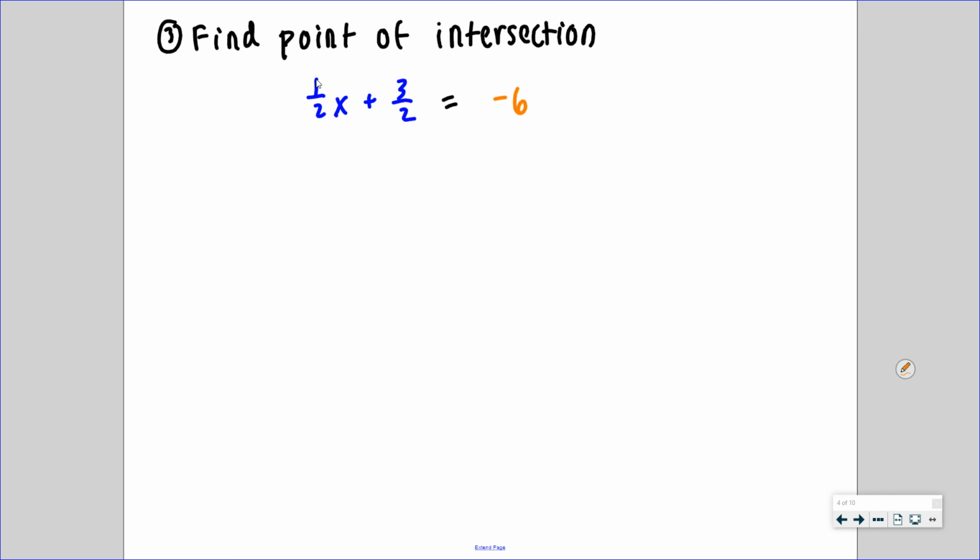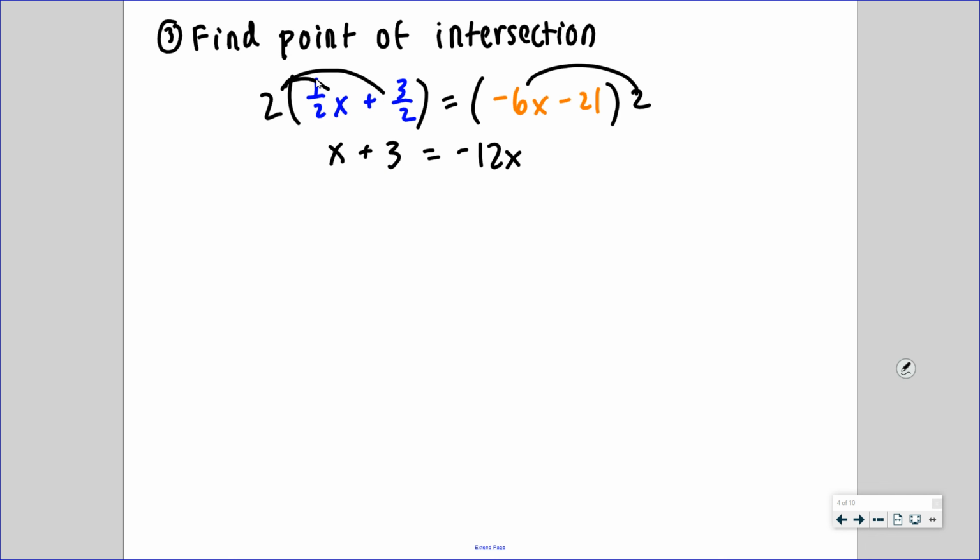All right, here's my other altitude, the orange one. Now I gotta find where this is where it gives me a little bit of the feels of those other problems we were doing. I'm probably gonna double both sides to get rid of those fractions. You don't have to if you don't want to, but just remember you gotta double everything if you do that. So that'd become x, that'd become 3, that'd become -12, that'd become -42.